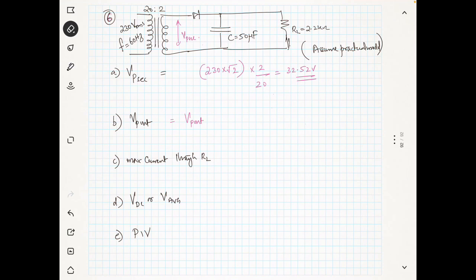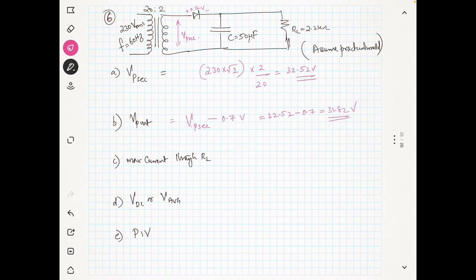Now VP out is nothing but VP secondary minus the drop across the diode. There is one diode, which will consume 0.7 volt. So this is 32.52 minus 0.7, which is 31.82 volt.